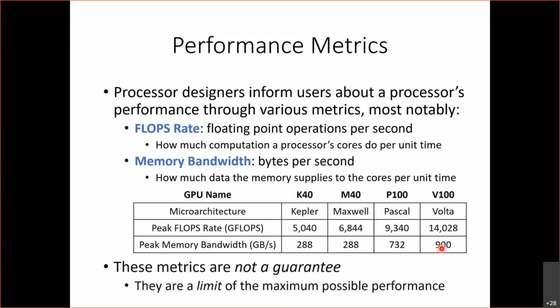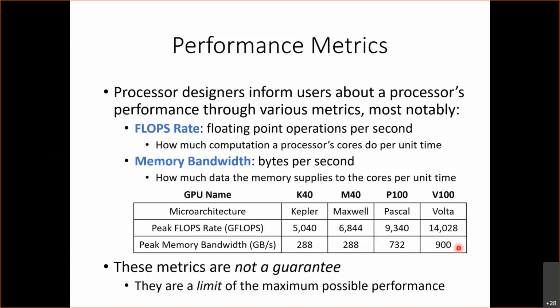And now again, these metrics are not a guarantee. If you write a kernel and you run it on the GPU, you're not guaranteed that this kernel is going to perform 14 teraflops, and you're not guaranteed that this kernel is going to receive 900 gigabytes per second. These are the limit. This is not a guarantee that you will reach these peak values, and most often you will not.